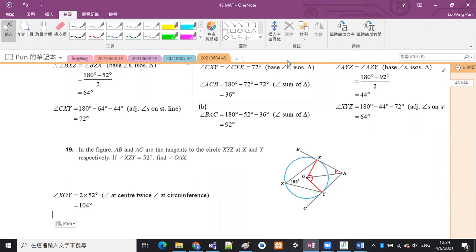And then because AX and AY are two tangents from the same external point, and AO is a line joining this external point with the center, this angle AOX and this angle AOY will be equal to each other by the tangent properties.